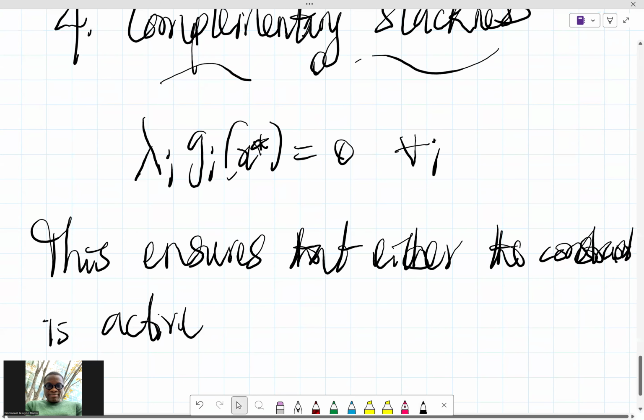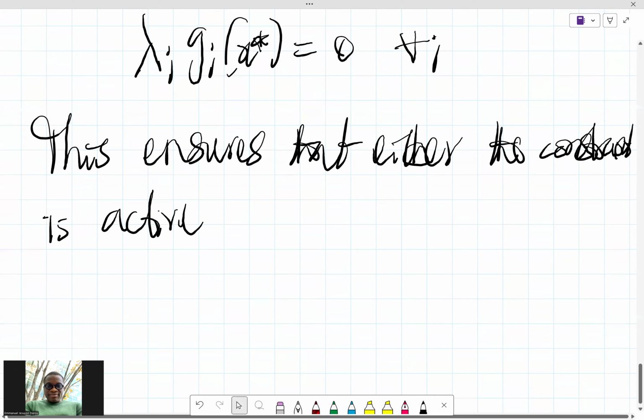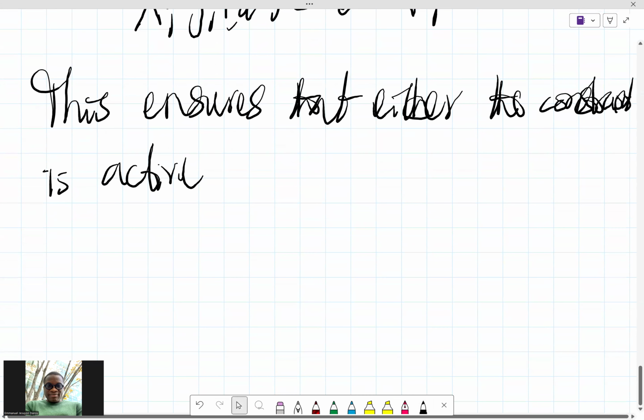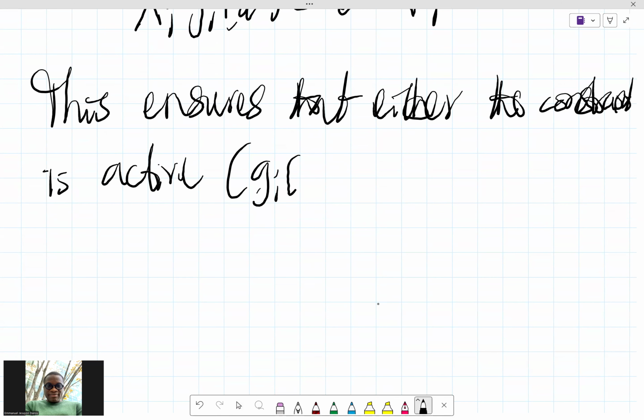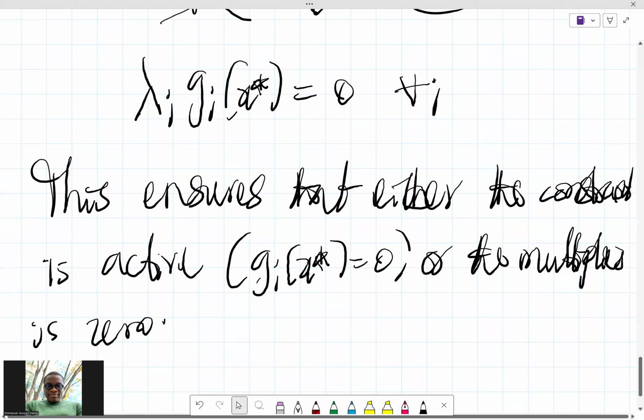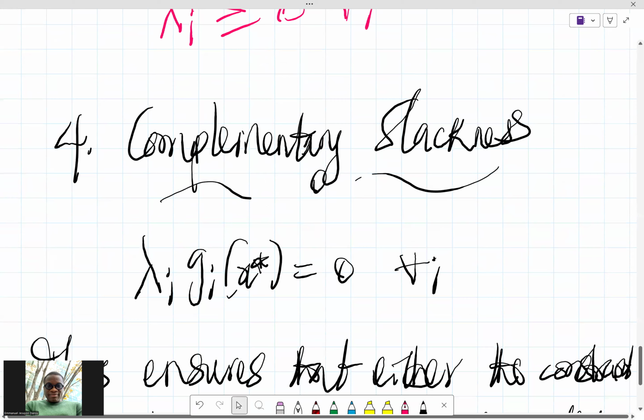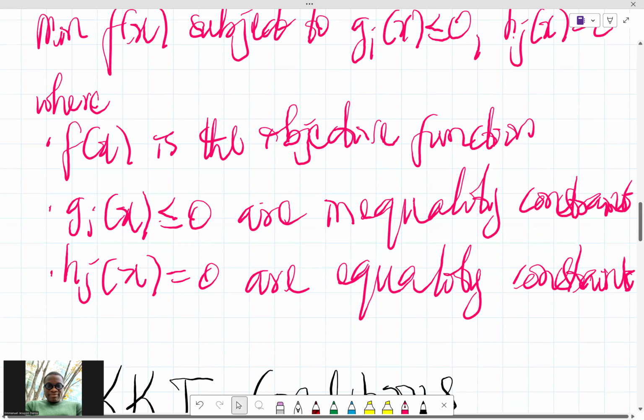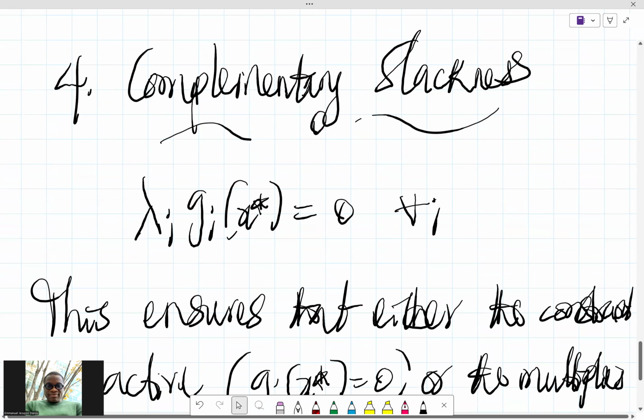So if the product of lambda i and gi of x star is equal to 0, this ensures that either the constraint is active, meaning that gi of x star is equal to 0, or the multiplier is 0. If their product is 0, it means that either lambda i is 0 or gi of x star is 0, basically. So these are the Karush-Kuhn-Tucker conditions, very simple conditions.